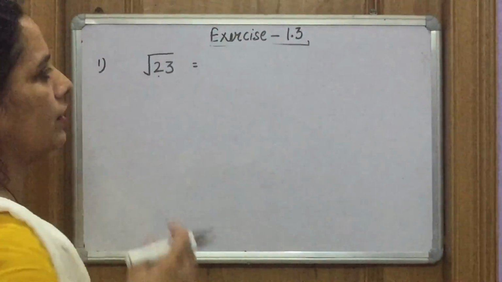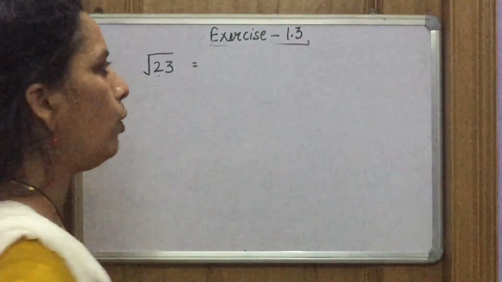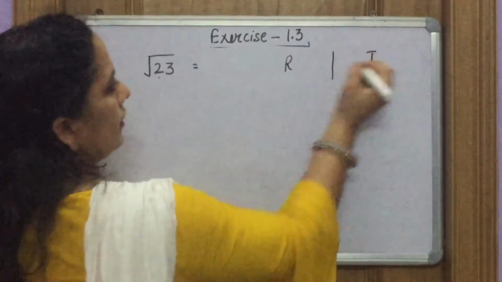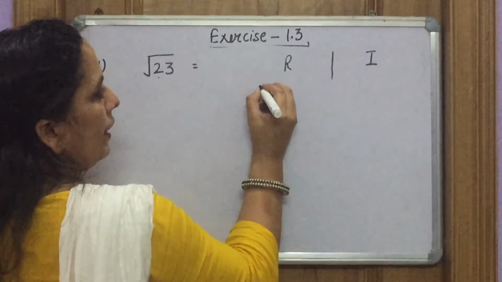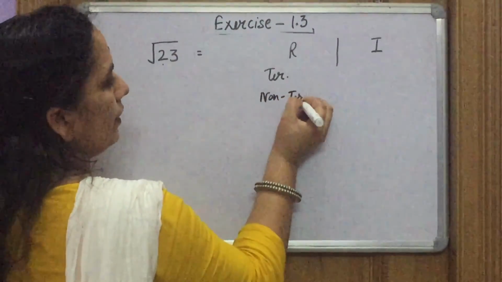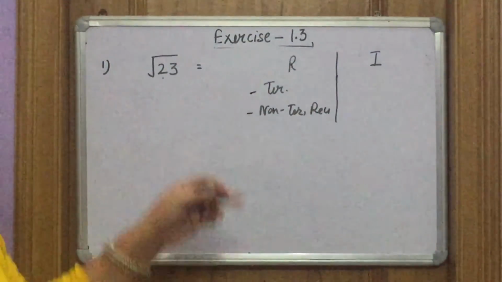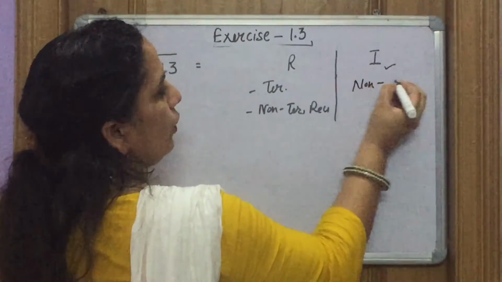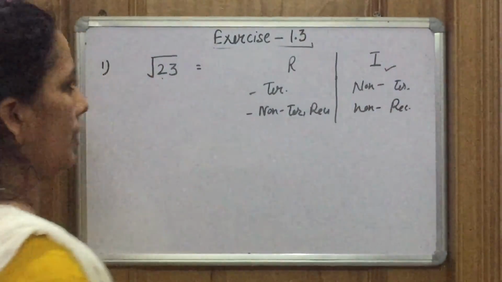In our last lecture we have already discussed about the terminating and non-terminating and also the form of terminating and non-terminating. Let's do one small revision. Rational: when a number is terminating or non-terminating but recurring, these two types of numbers are in the form of rational numbers, and irrational numbers are when they are non-terminating and non-recurring.